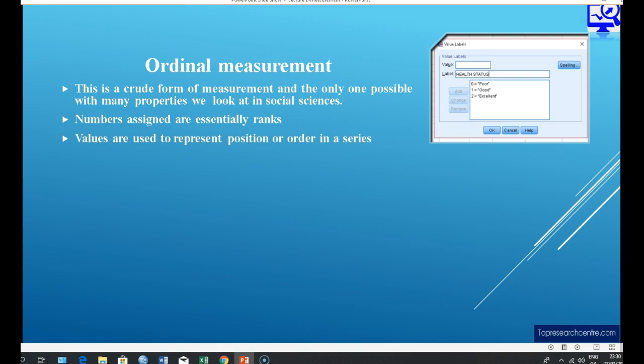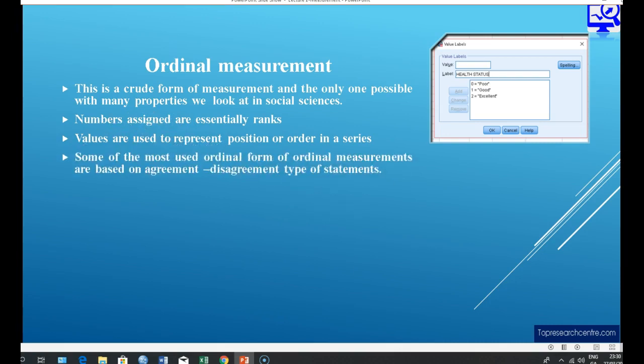Some of the most used ordinal types of measurement scale involve agree and disagree type of statements. So some used forms of ordinal measurement are based on agree and disagree statements.